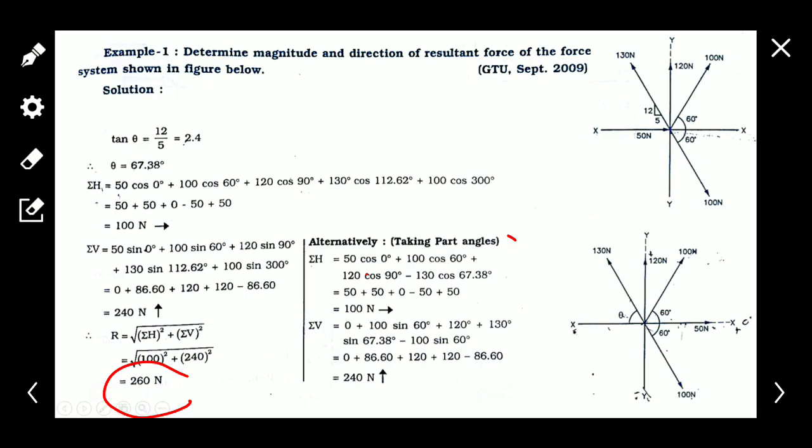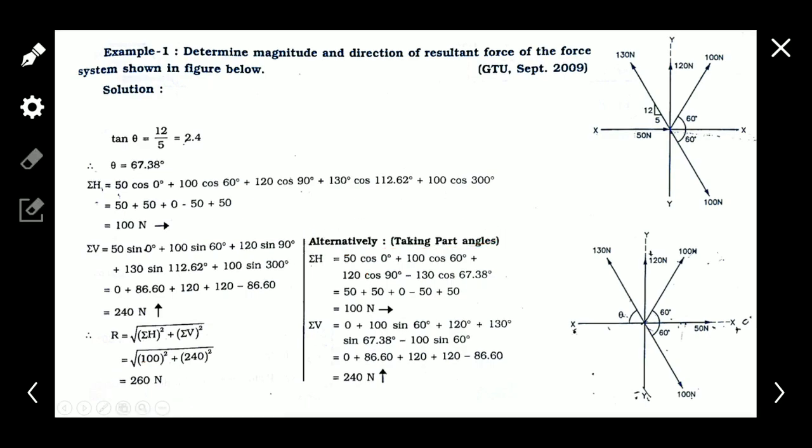If the summation of vertical or horizontal is negative, we do not consider the sign, only the value. Okay, pure value. So theta value is always positive, 67.38 degrees.